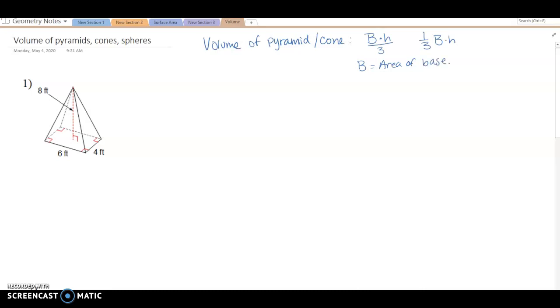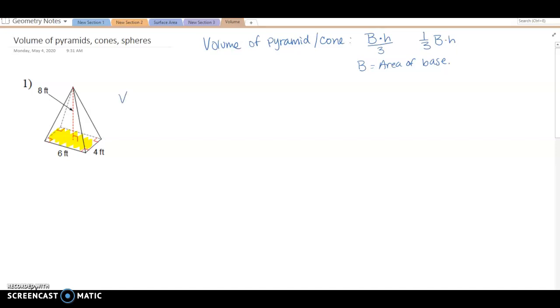So for this first example, I have a rectangular pyramid. So my base here is this rectangle. And to find the height, make sure you're using this perpendicular height that's got a 90-degree angle symbol and not the slant height. If you were given this side, for example, that would not be used as the height.